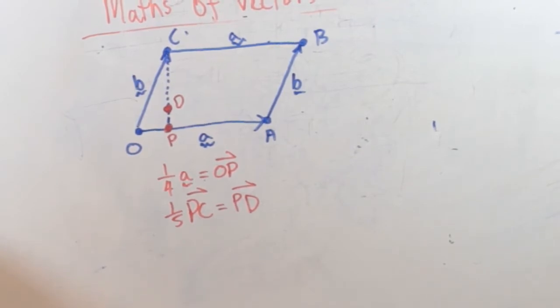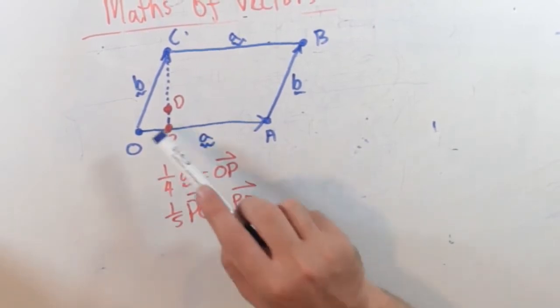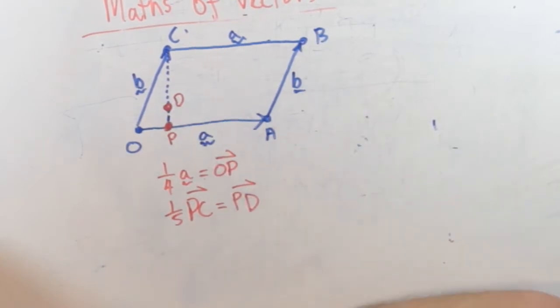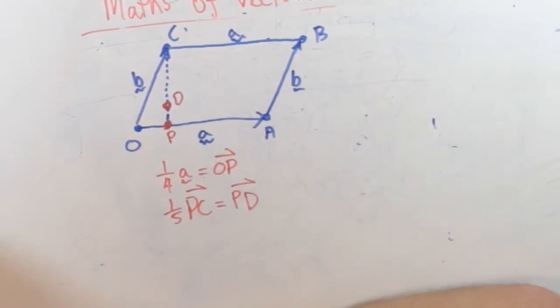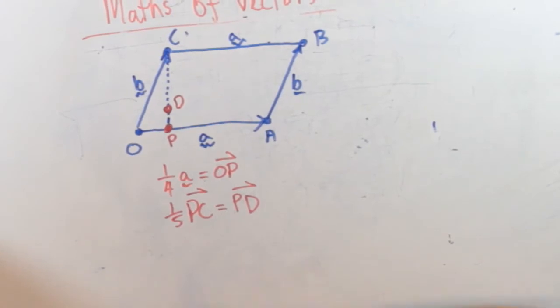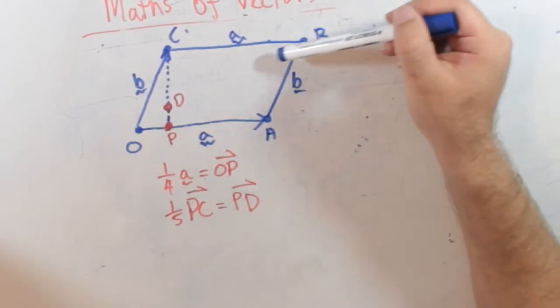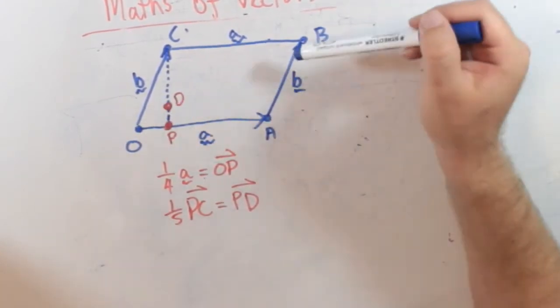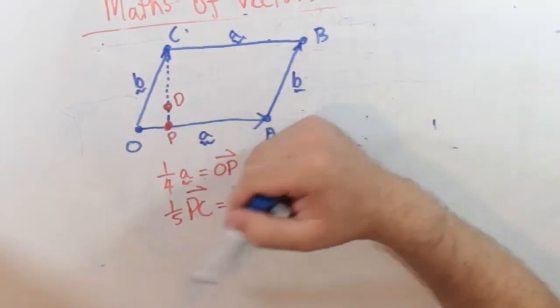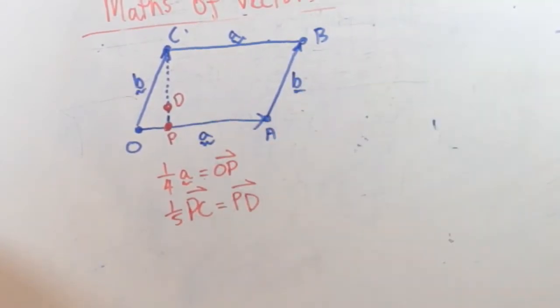Now we want to show that O, D, B are collinear. Collinear means that all these points lie in a straight line. How do we do that?